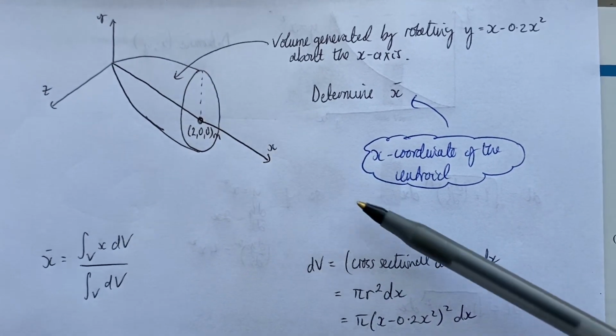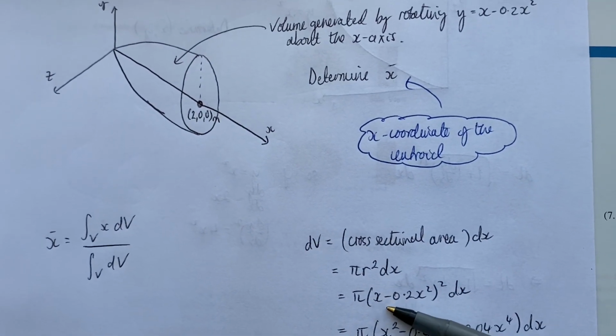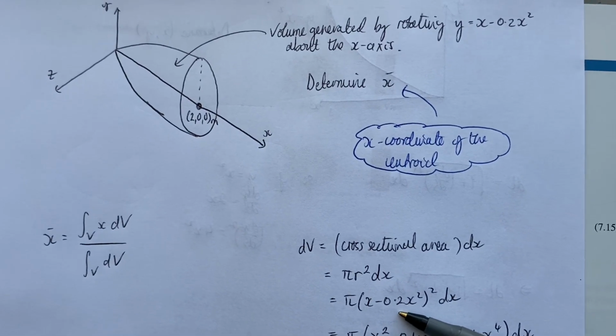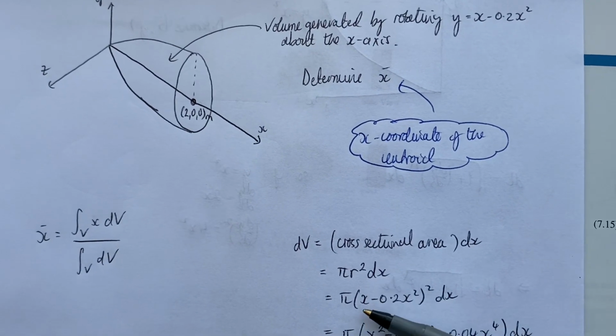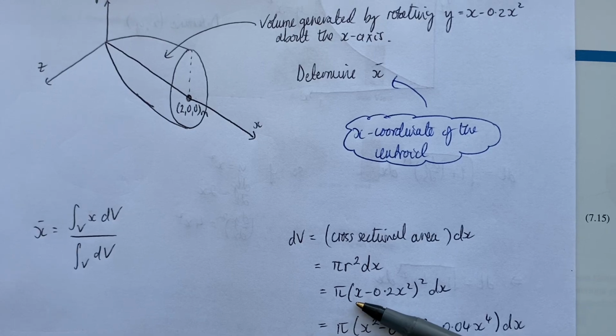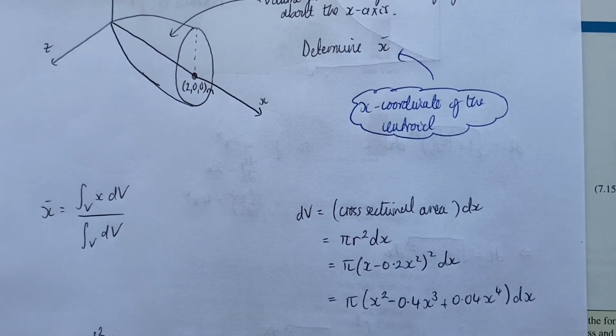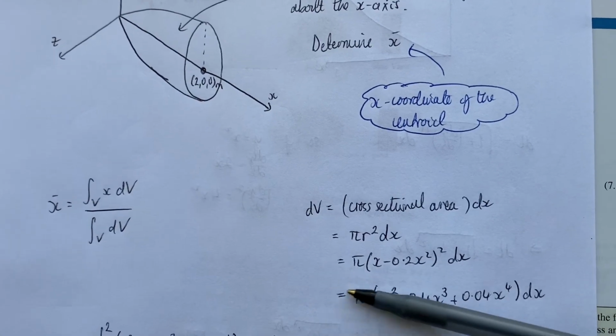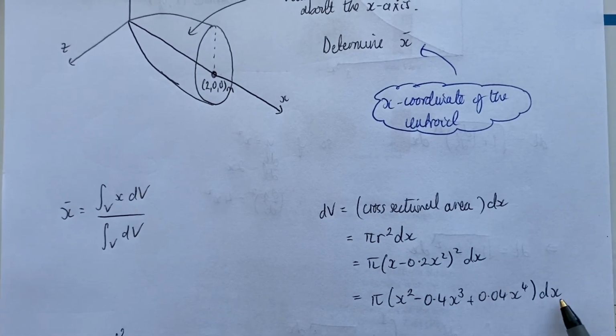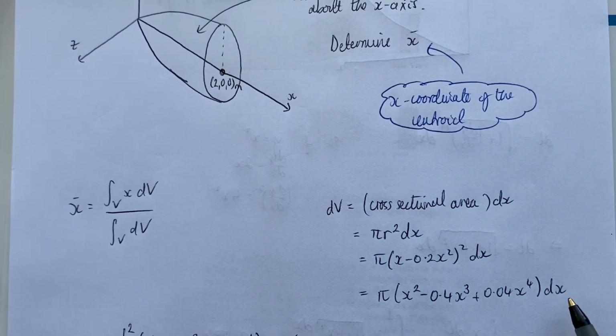So we plug the equation of the curve into this to get pi times x minus 0.2x squared, all squared, multiplied by dx, and if we expand that and tidy it up a little bit, we end up with this expression here.